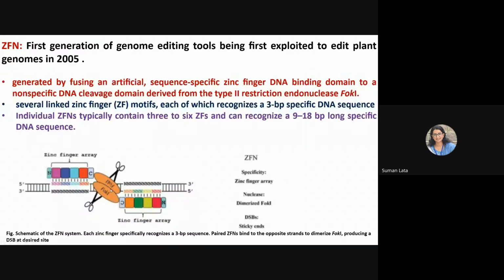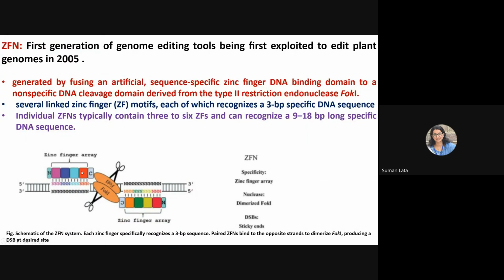So this is the enzyme, and these are the zinc finger array. This zinc finger array binds to the DNA. They have the DNA binding domain, and there are several zinc fingers in different colors. You can see the zinc finger, this magenta color, then blue color, then this turquoise, and then this orange color.